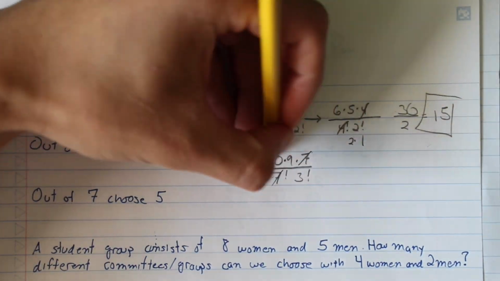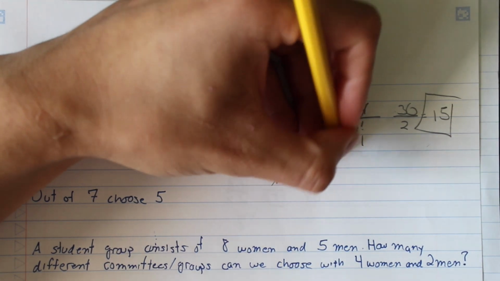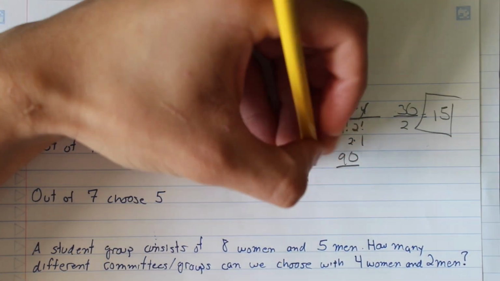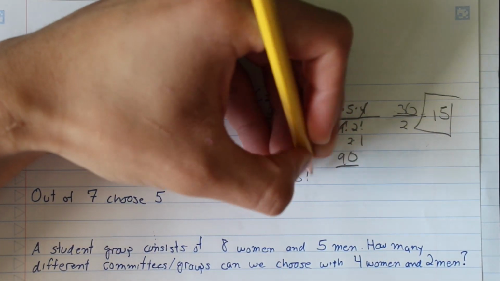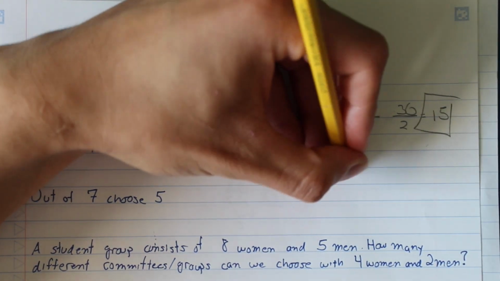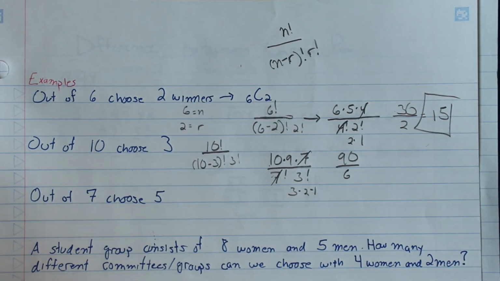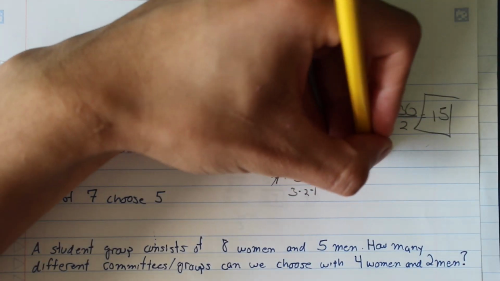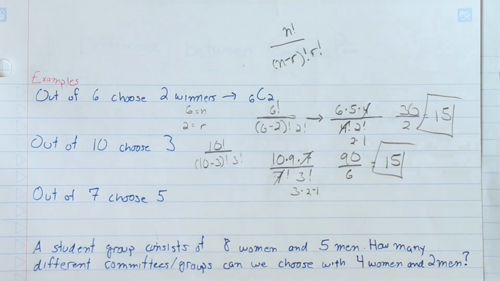Okay, that's just the rule. So 10 times 9, that's 90. Then we have 3 times, that's going to be actually 3 times 2 times 1, and that's going to be 6. So now we got 90 divided by 6. I think that's going to be a decimal. That's, oh, never mind. It's going to be 15 also.